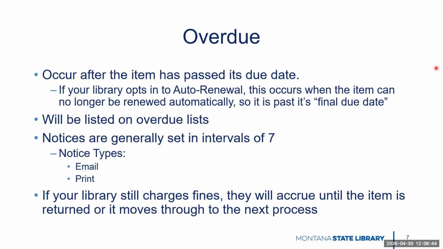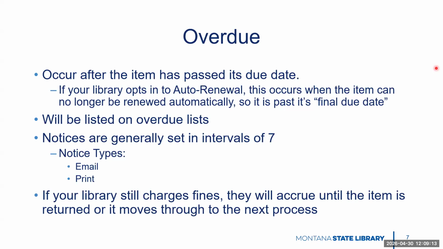You will see that SMS notices aren't listed here on this slide, and that's for a reason. On our side, we think of that more as a courtesy service, mostly due to the unreliability of cell phones for text messages to come through, and also because there's no customization in how SMS notices are sent, whereas with the email and print notices, you get more customized options.